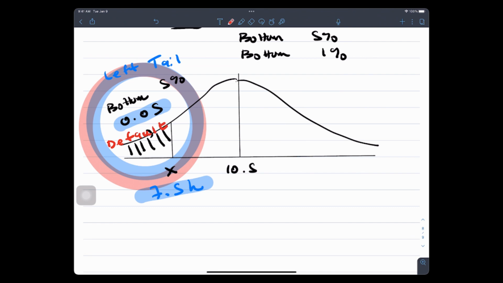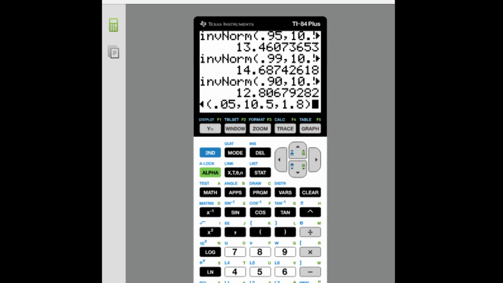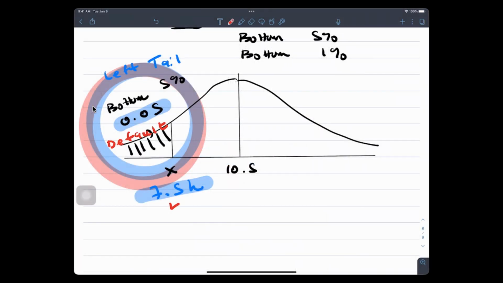Do you guys agree with me? Area to the left of this number. So you got to know your right. You got to know your left. So it's going to still be, ladies and gentlemen, 5% because it's on the left. Mu and standard deviation are the same. Notice, still 7.5 hours. Because the default is always area to the left of that value.